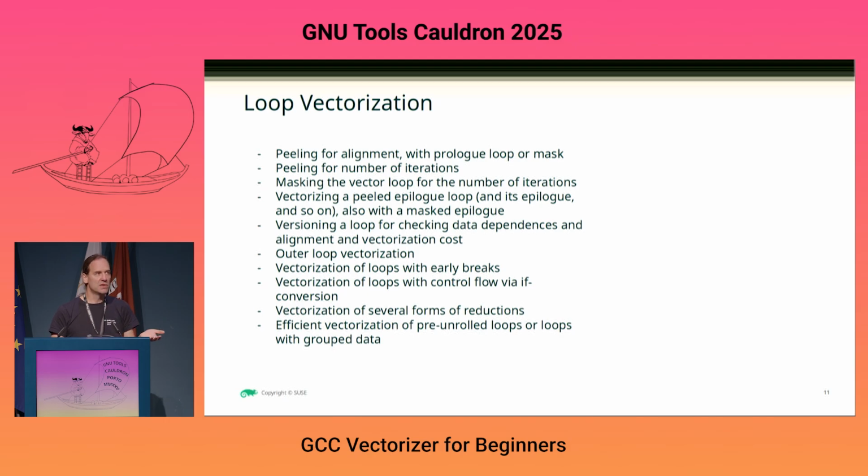So we compute that it's only profitable when the scalar loop iterates at least 10 times, and otherwise we fall back to the scalar version. With that check, when you have runtime alias issues, all these alias checks are performed. Some targets do not support unaligned vector accesses, in which case there might also be a check of the data alignment requirements. If any of these are not fulfilled, then you get a scalar loop.